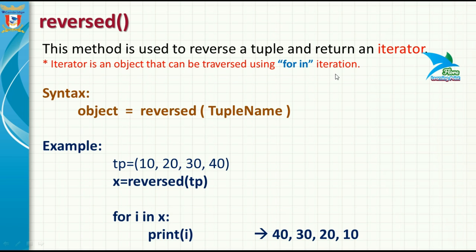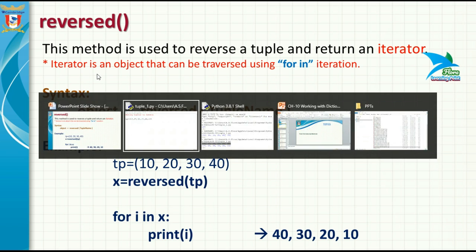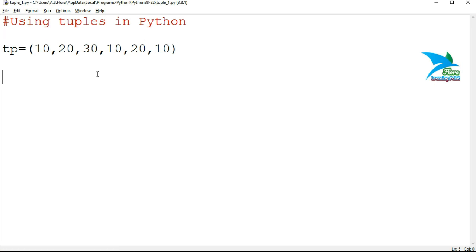And what is an iterator? An iterator is an object that can be traversed using a for in loop. This is the syntax of using the reversed function. You specify the name of the tuple inside the reversed function, then it will return an object of iterator type, which can be traversed using a for in loop.